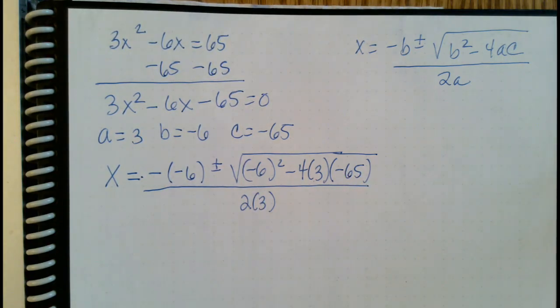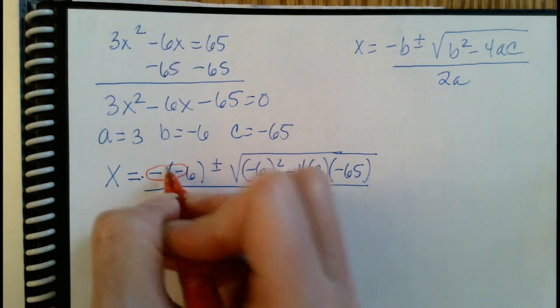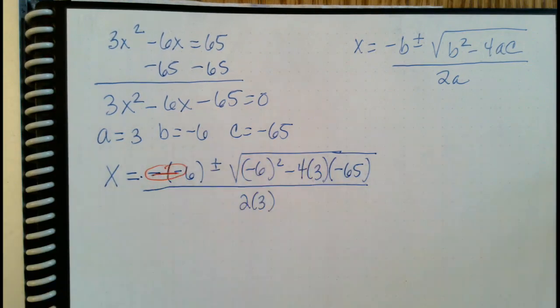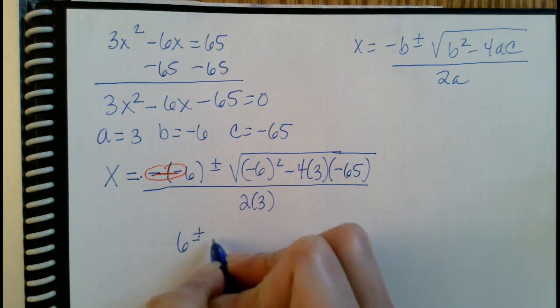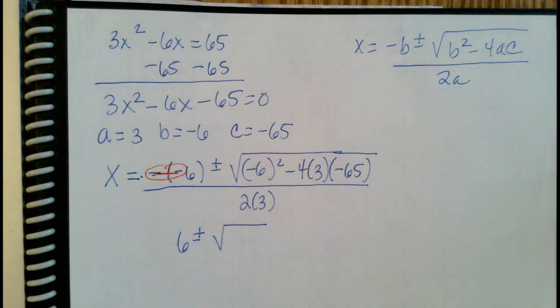Now, once again, a reminder that a double negative here gives us a positive. So this is going to become 6 plus or minus, and we need to figure out what goes there.